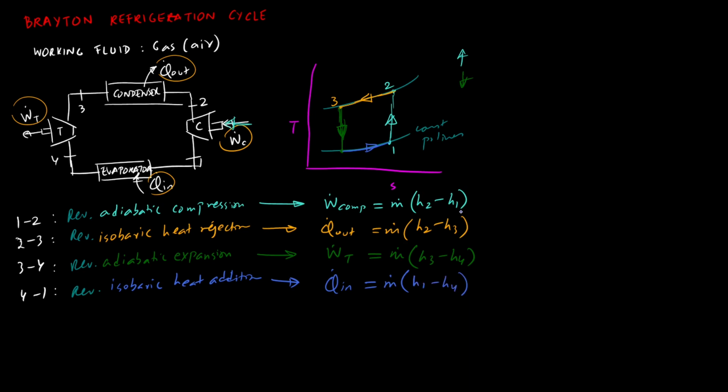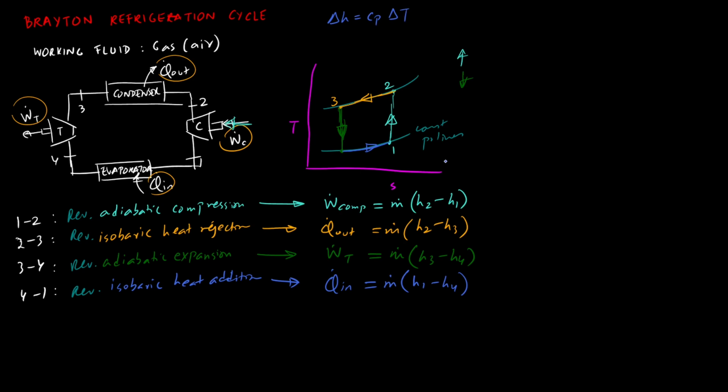Okay, but now if I was treating my working fluid as an ideal gas, then I could simplify this even further, because for an ideal gas I know that the relationship delta H equals Cp into delta T is valid.